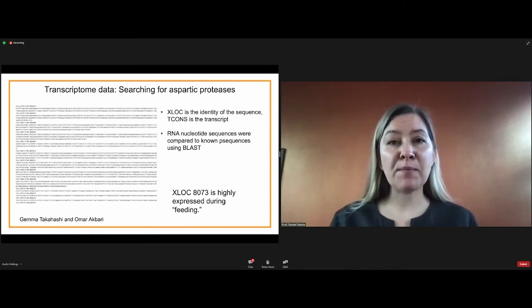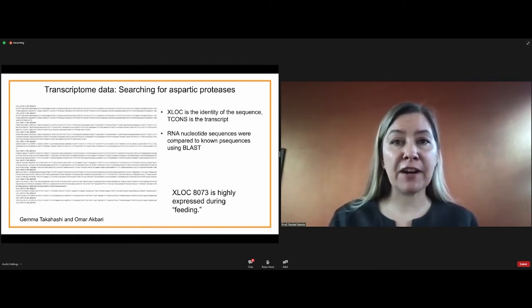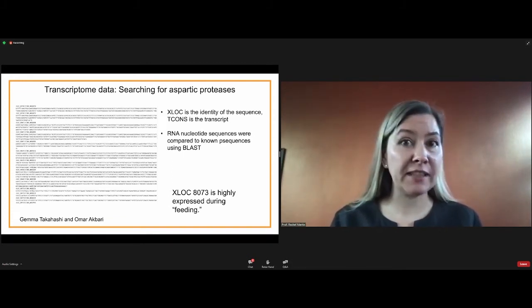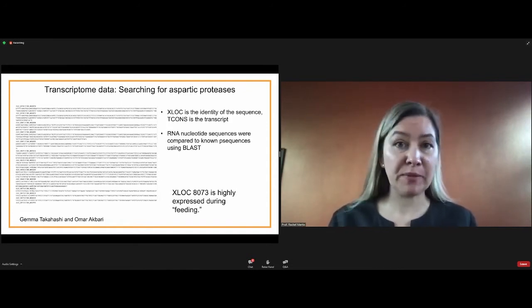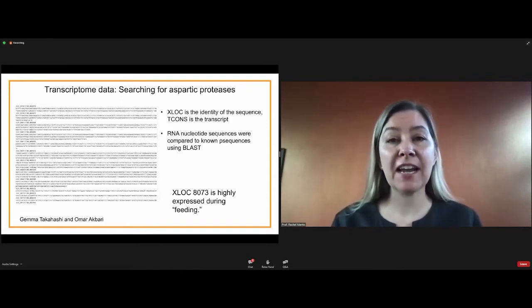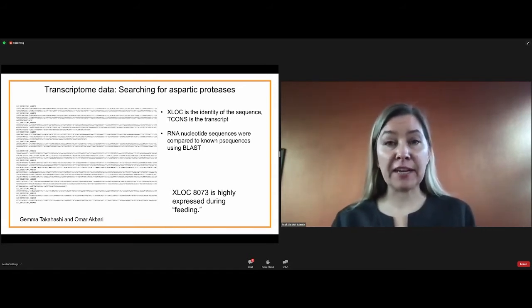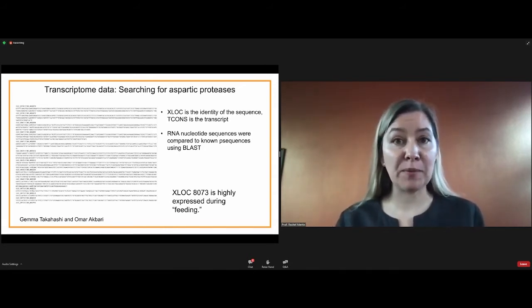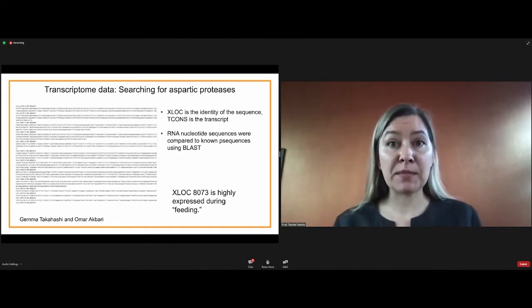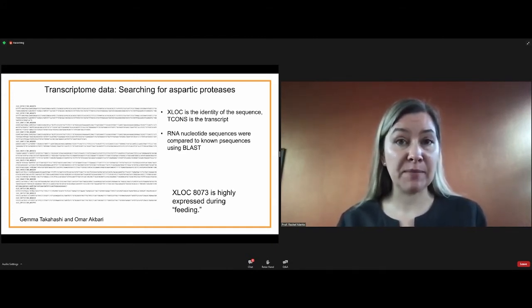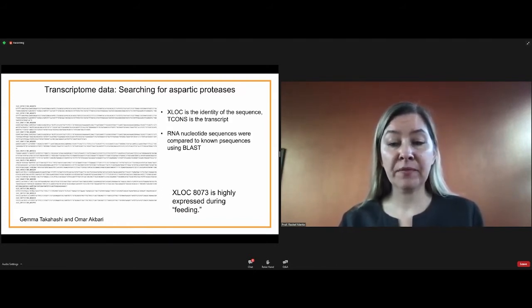And it can be hard because we have different identifiers for these proteins in the genome than we do in the transcriptome, just because of how the data are processed. So one of the important steps is to go back through and correlate everything that we see in the transcriptome and find out where it is in the genome. And of course, along the way, that helps us make our genome assembly better. And that's something that Gemma and Omar are working on right now.